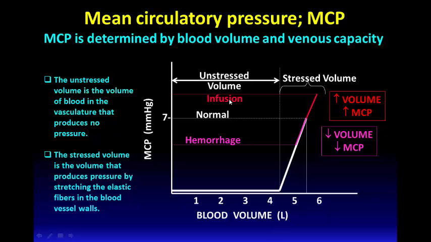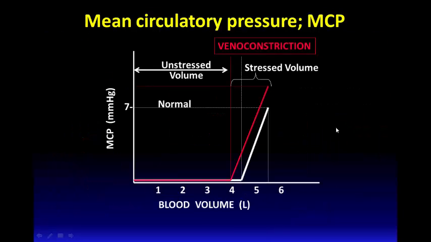On the other hand, during infusion, the stressed volume increases. This is the normal. This is the total blood volume. And with blood transfusion or with the infusion of fluids into the vasculature, the stressed volume increases, and hence the mean circulatory pressure increases.